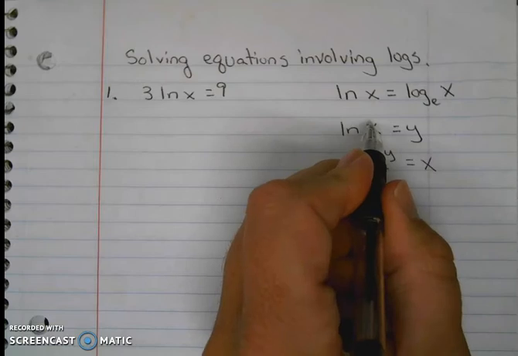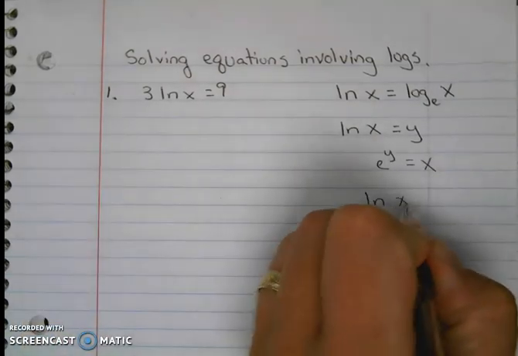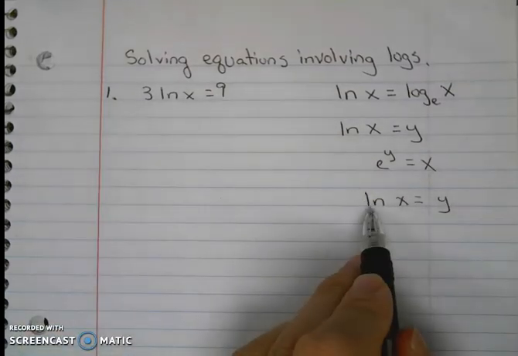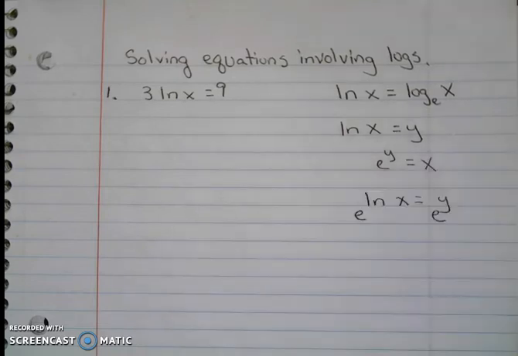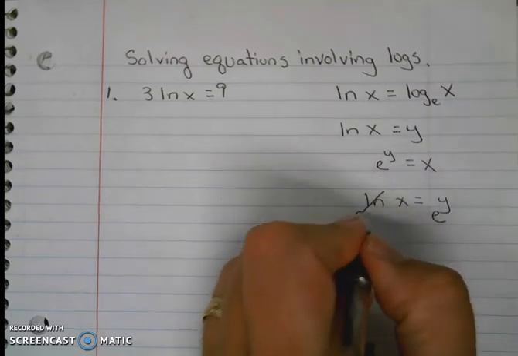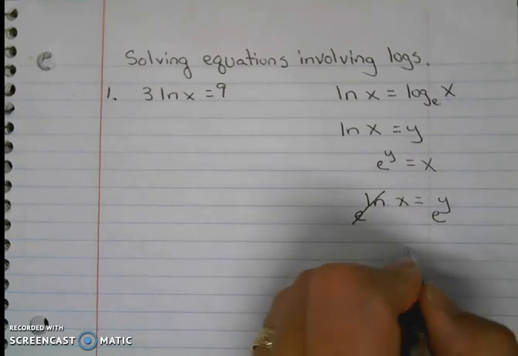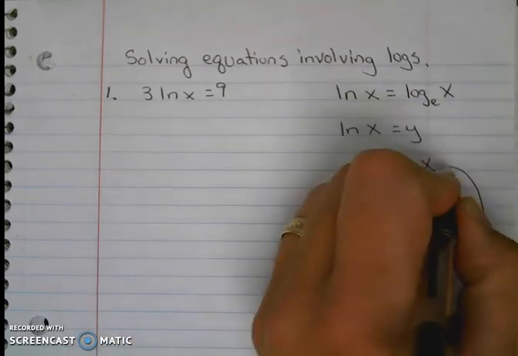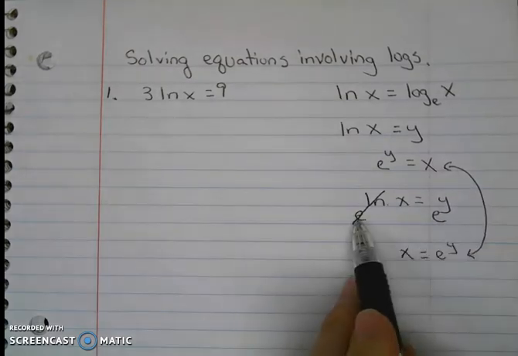Another way of converting this would be to cancel out the natural log by raising both sides to base e. So this would cancel this out because the bases are the same. And we would have x equals e to the y, which is what we got here. This method here is probably going to be the most useful method.